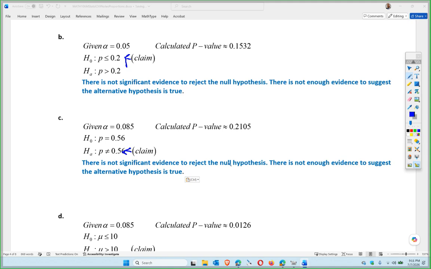No, it does not. Whatever you're claiming to be true does not matter. It's a matter of comparing these two things, and you either reject the null hypothesis or you don't. So here, this is bigger, so I do not reject the null hypothesis, so there's not enough evidence for this one, so I have to accept this.